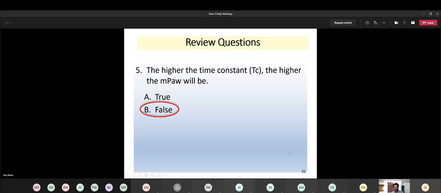But really, it's just about how long it takes to inflate that lung, at least to the point where it's about 60% inflated or deflated. And again, these two have nothing to do with each other. If that goes up, that doesn't mean mean airway pressure is going to go up with it.